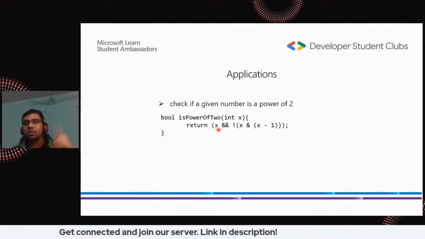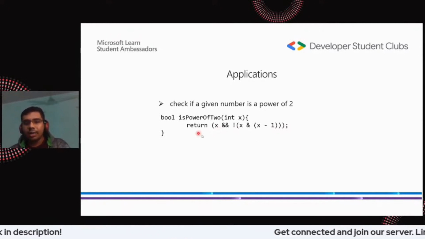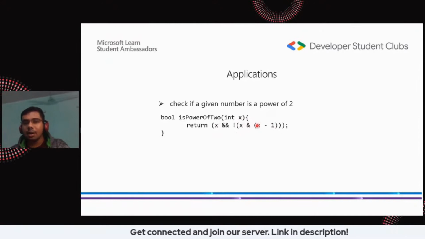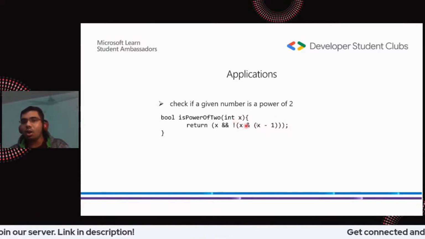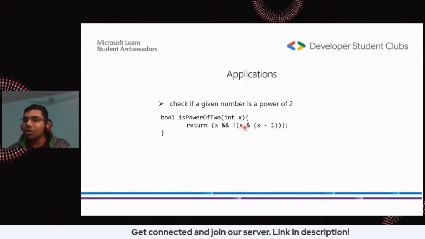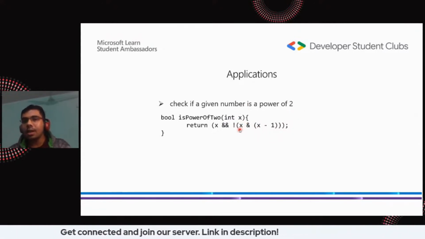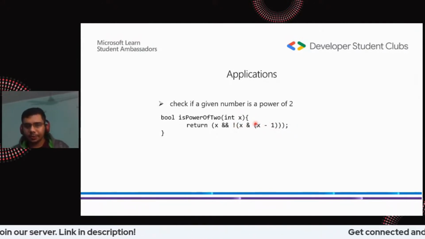So 011 is not actually a 1 or 0, right? So in that case, the return tells you that the number is not a power of 2. Since you didn't get 0 out of here, you should get 000 out of here for every power of 2, and then the NOT of that would result in 111, right?